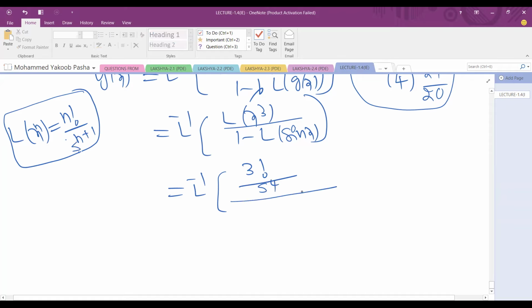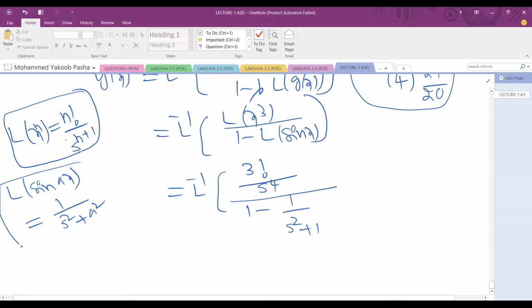And Laplacian of sin ax is equal to 1 by s square plus a square, with a equal to 1, so 1 by s square plus 1.